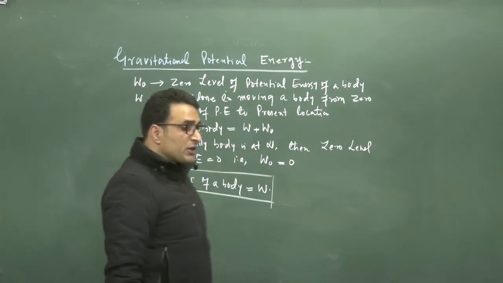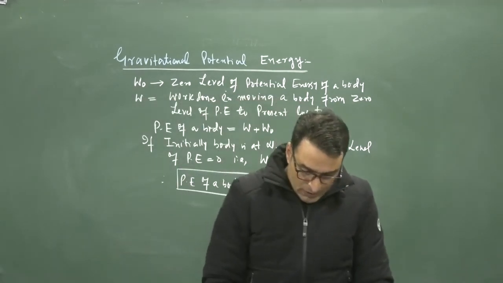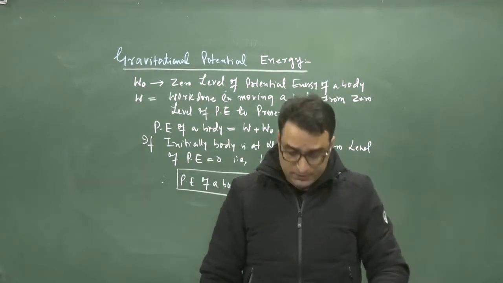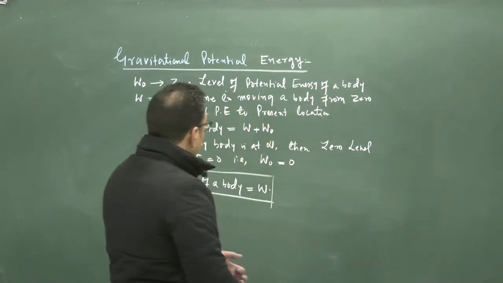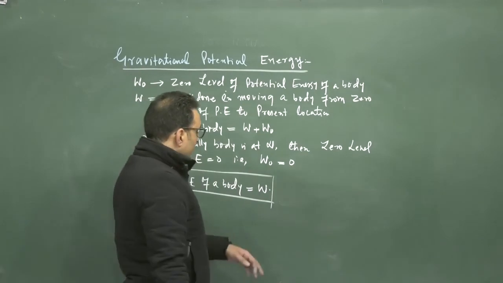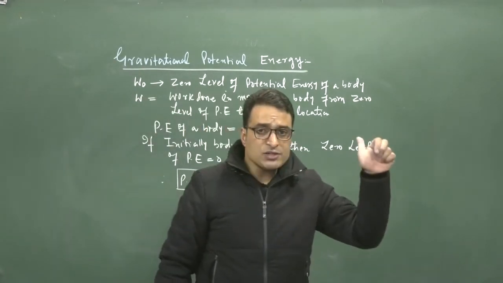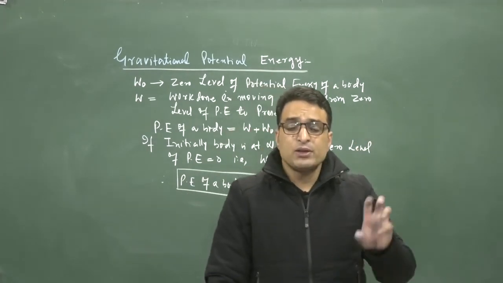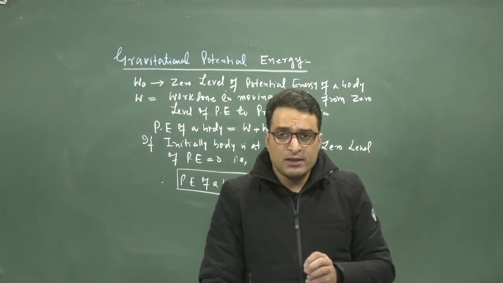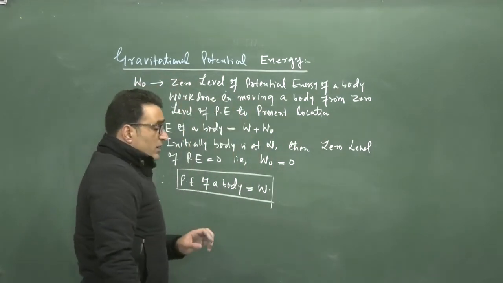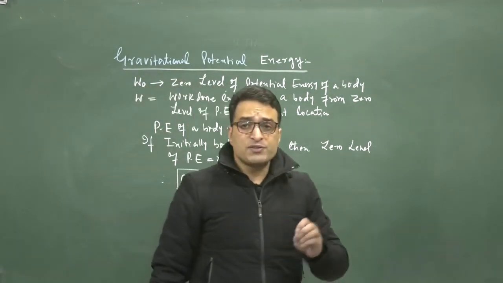the gravitational potential energy of a body at a point in the gravitational field of another body is defined as the amount of work done in bringing the body of given mass. In the previous topic, in gravitational potential, we talked of a body of unit mass. But whenever we talk of the gravitational potential energy, we need to bring a body of certain mass.